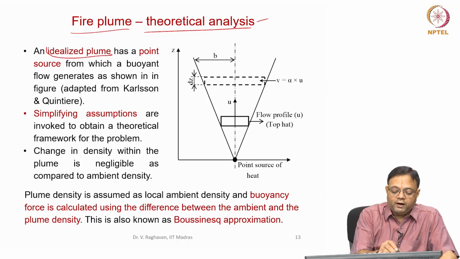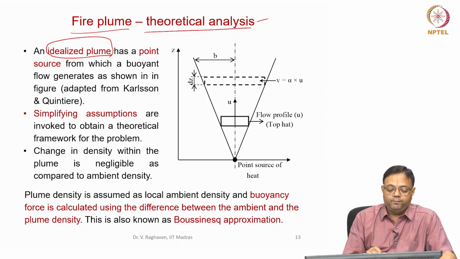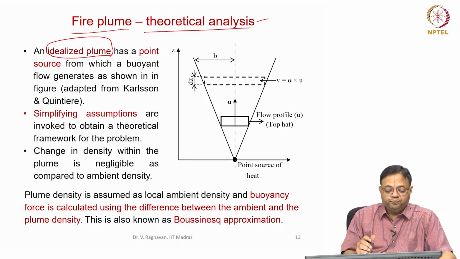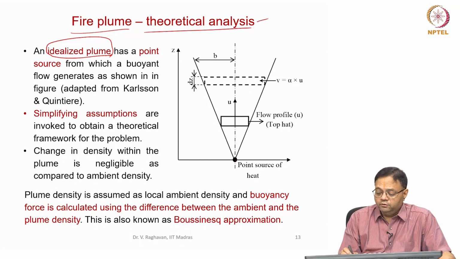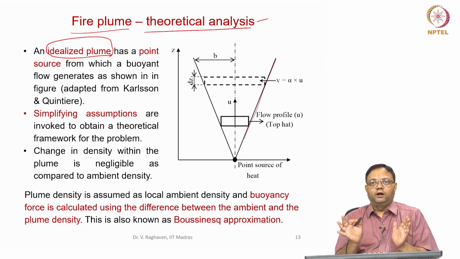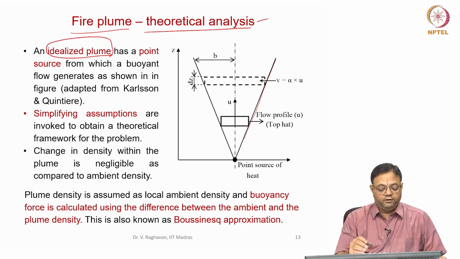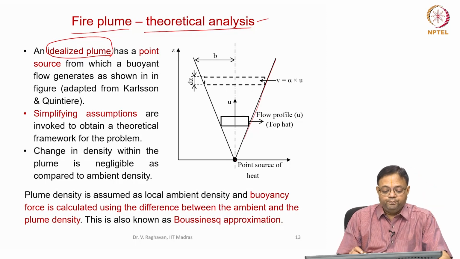We are now talking about an idealized plume generated from a point source, and this is the edge of the plume. The solid lines drawn from the point source extending along z are the edge.